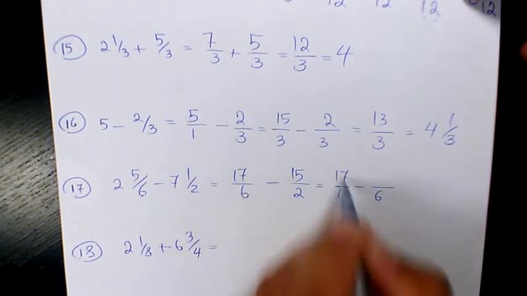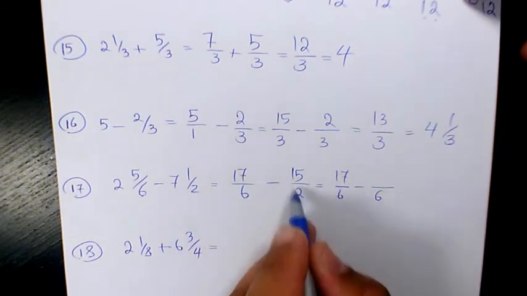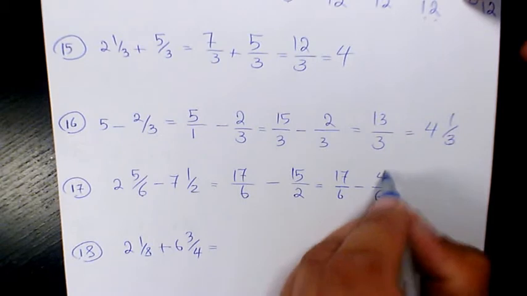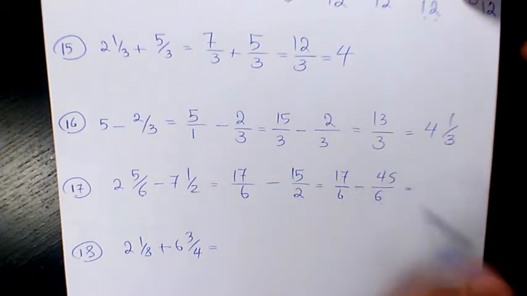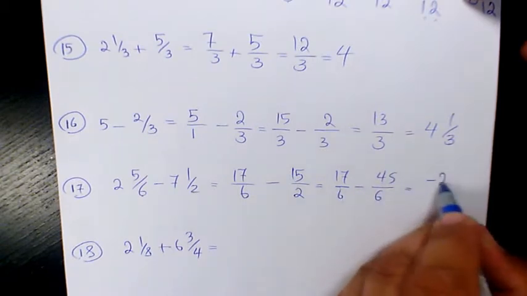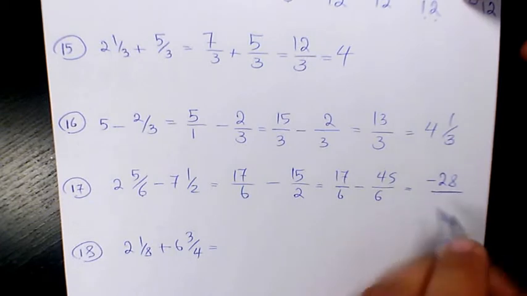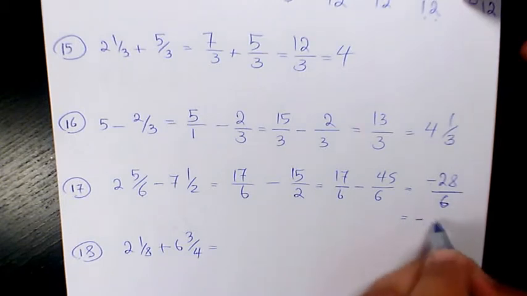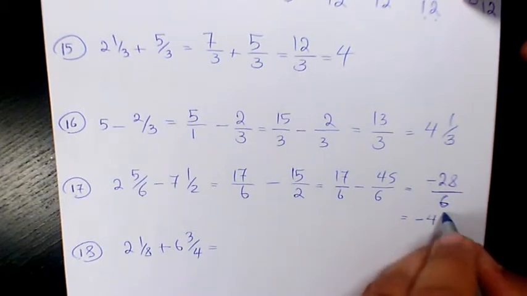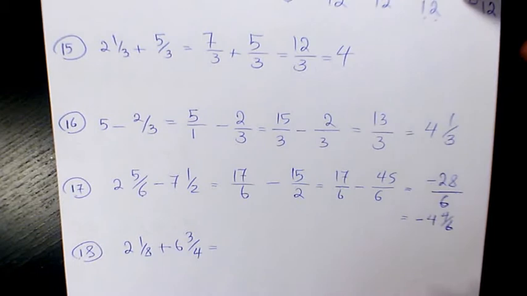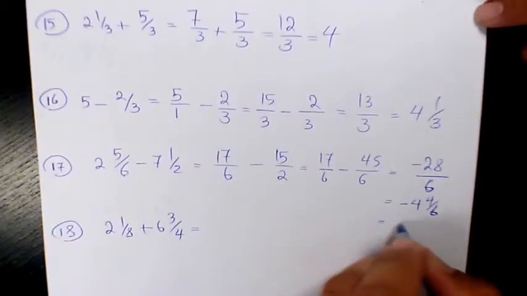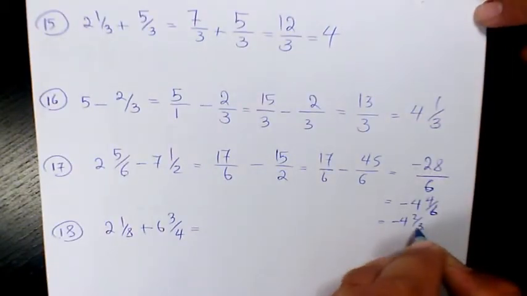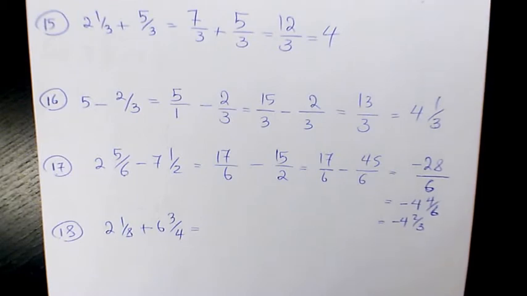So 17 over 6 minus 2 times 3 is 6, so 15 times 3 is 45. 17 minus 45 is negative 28 over 6. Negative 28 over 6 is going to be negative 4 2/3 when you reduce it.